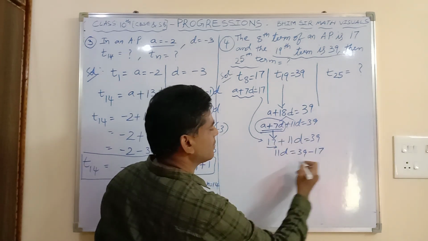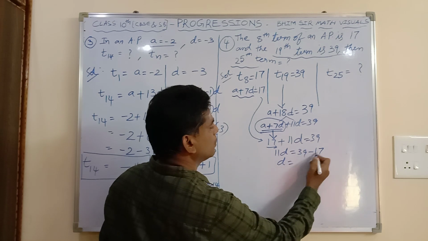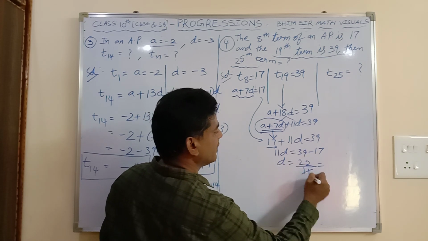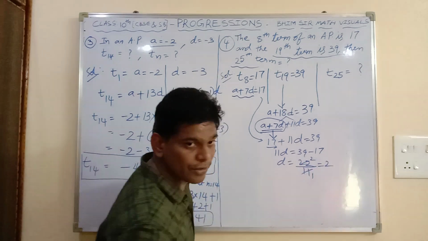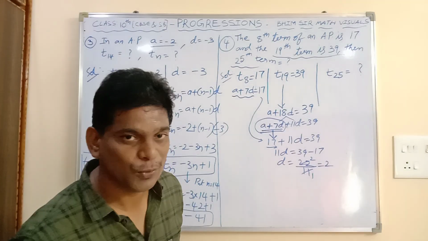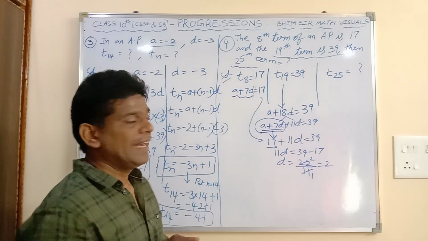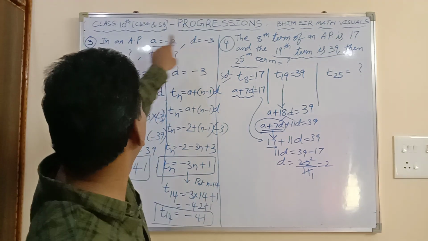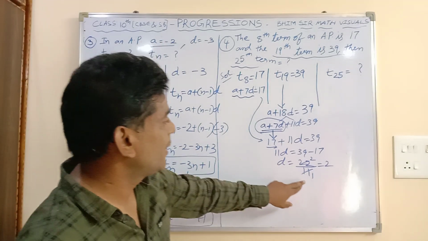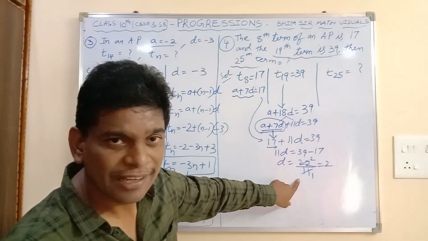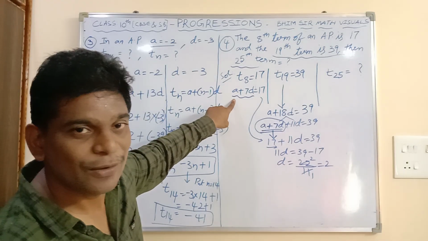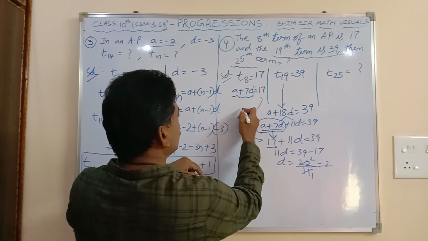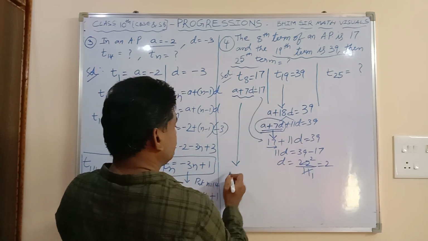The 17 goes to that side, so D equal to 22 divided by 11. 11 cancels 2 times. We got 2. D value is 2. So to find any term, the D value is required and the A value is also required. That's why, to get the A value, I am putting the D value in A plus 7D equal to 17.